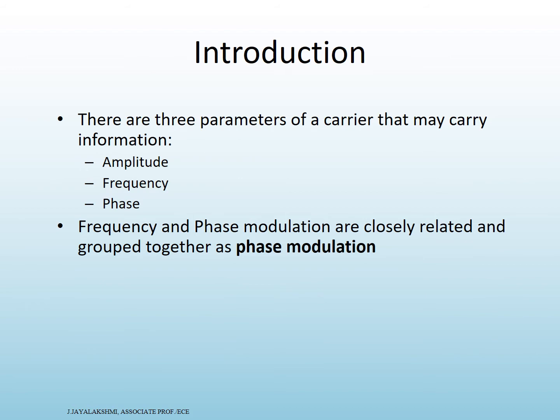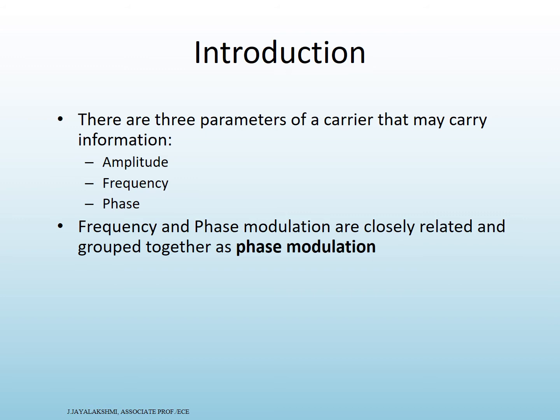Okay, we know what modulation is. What we are going to do is vary any one of the parameters of the carrier based upon your baseband signal or the modulating signal. Here we know the three parameters of any signal are the amplitude, frequency and phase.